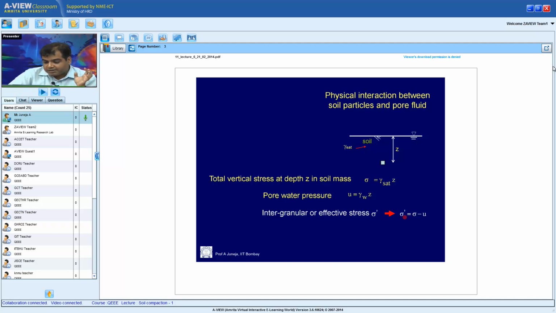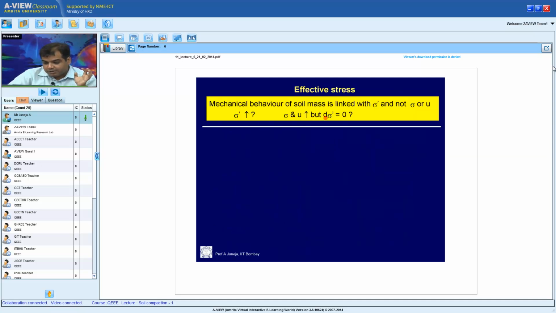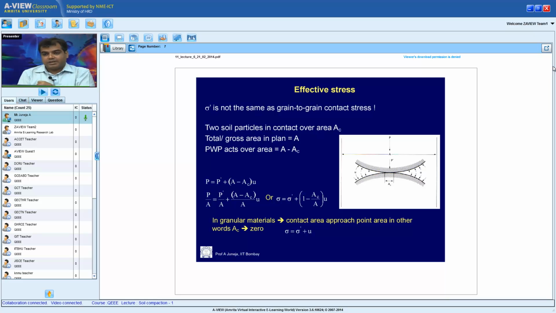I have total stress equals effective stress plus the pore water pressure. That's the equation I speak about. So if I increase the total stress and parallelly increase the pore water pressure, the change in effective stress, delta sigma prime, is zero. There is no change. Let me go back to our current slide. There is no change. Your mechanical behavior of the soil will not change. All the three, compressibility, strength, and permeability, may not change.